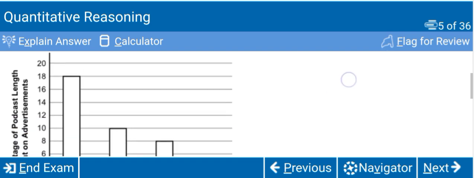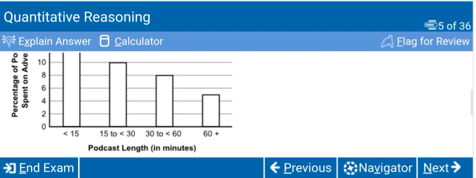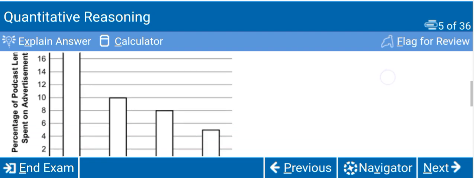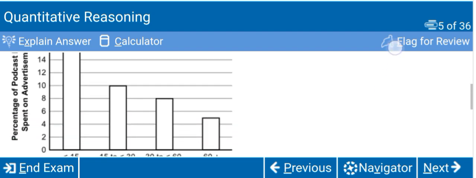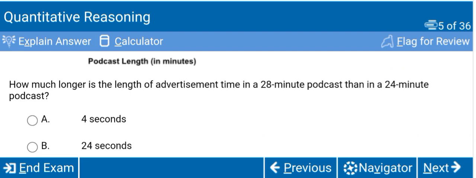So here we have a graph chart, by which you can also calculate your values. On the horizontal axis we have podcast length in minutes, and then the percentage of podcast length spent on advertisements. The question is: how much longer is the length of advertisement time in a 28-minute podcast than in a 24-minute podcast?